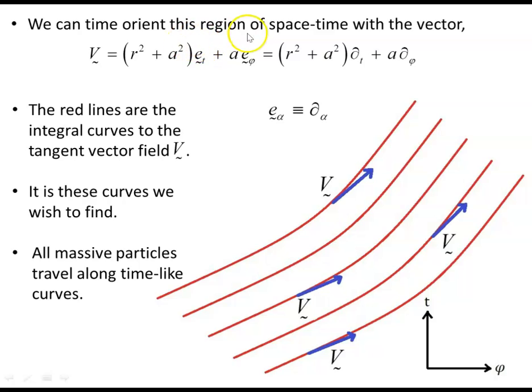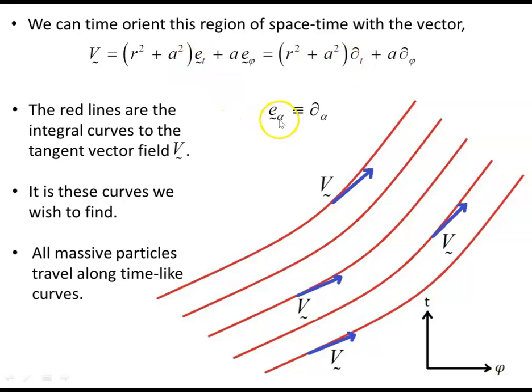So we can time orient the region of space-time with this canonical vector here. It's really the only linear combination of the time basis vector and the azimuthal angle basis vector that gives you a time-like result, and all the algebra for all that's been done in previous videos, so please have a look at those.